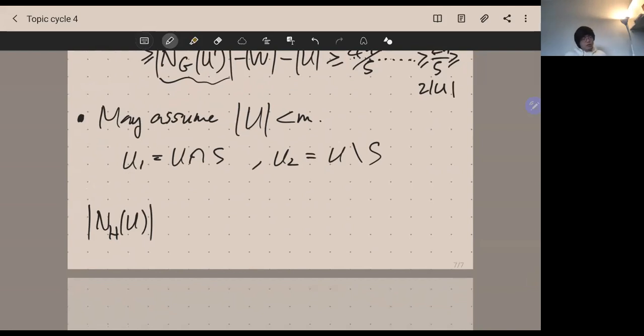So the external neighborhood of U in H, we want to prove this is at least 2 times U. This is the same as U1 union U2, right? Inclusion, exclusion.